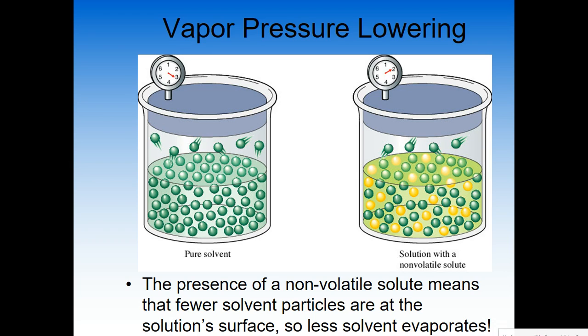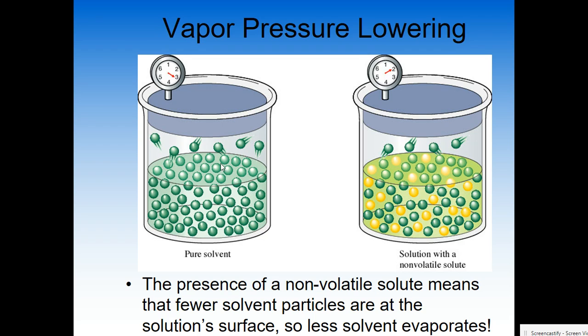When you have a non-volatile substance in solution, what happens is if you look at your pure solvent here, it's relatively easy for the solvent particles to escape from the surface of the liquid and turn into a vapor.